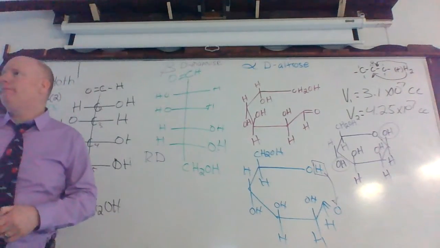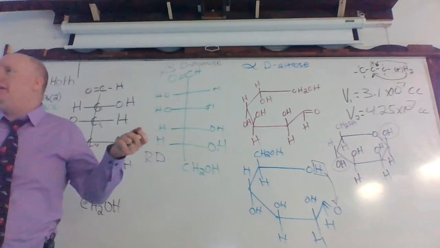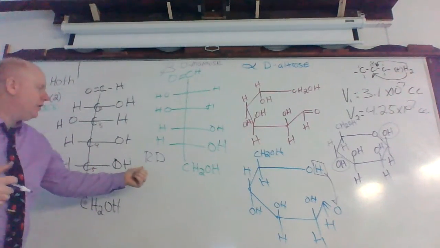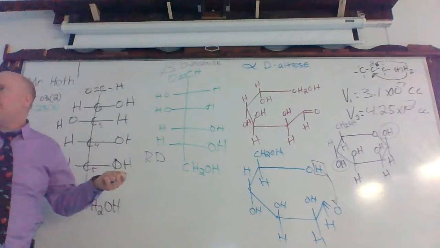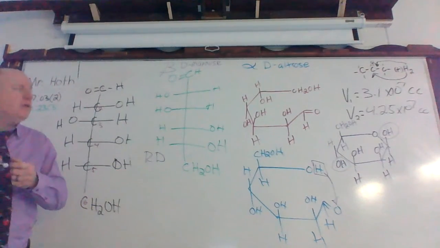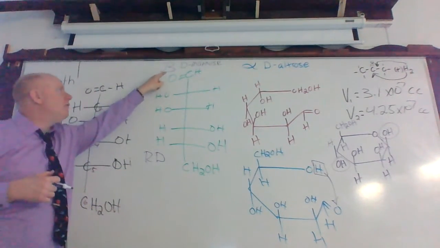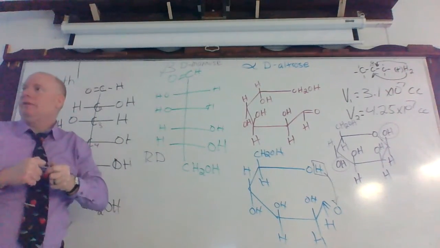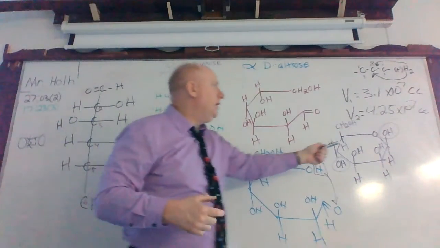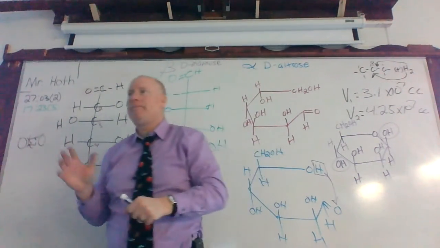So if right is down, well, then left has to be up, which I think everyone would agree. Then the next thing you have to be concerned about is that alpha or beta D mannose, which we said beta, so that's why this guy is pointing up instead of down.